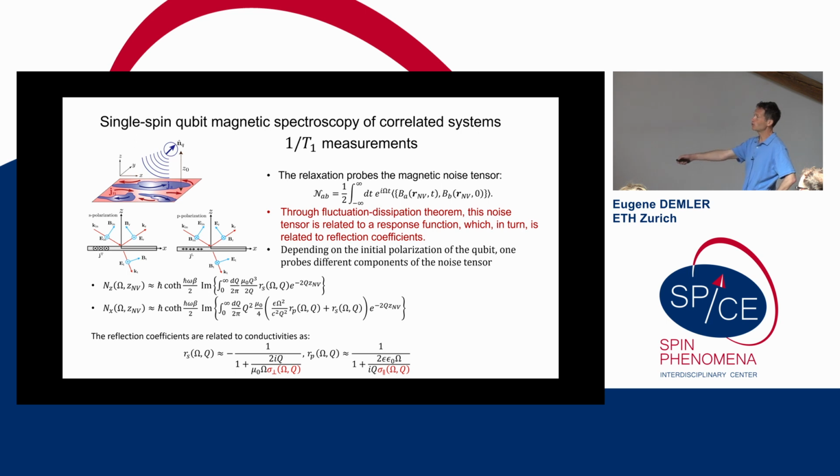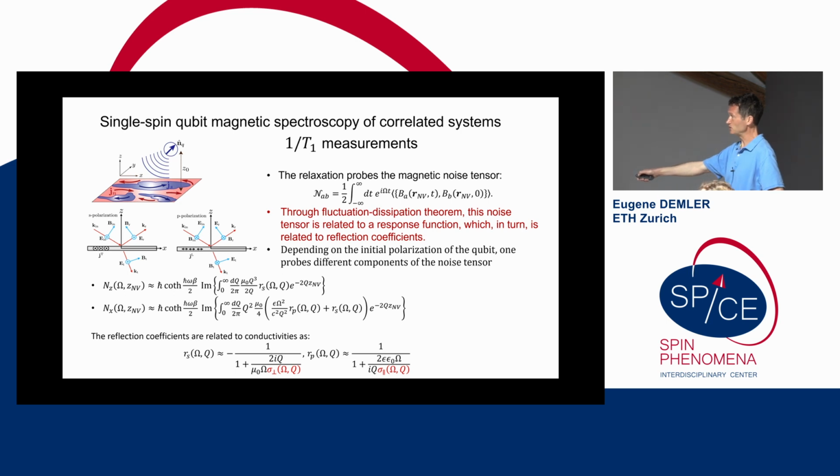Anyway, if we go through these simple calculations, we will see that we can separate magnetic field noise along the z-axis or in plane. In the case of magnetic field noise along the z-axis, it's proportional to reflectivity in S polarization, which is determined by transverse conductivity.